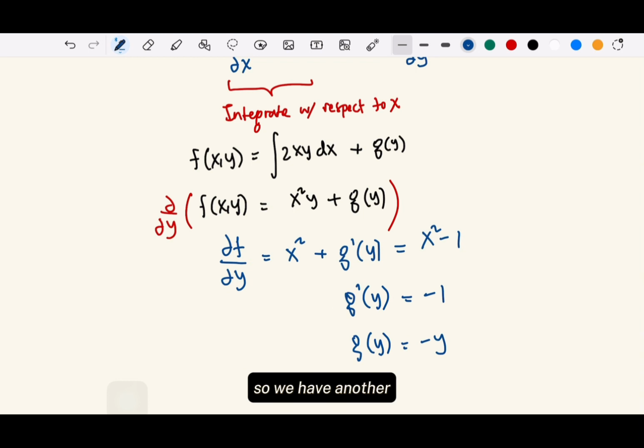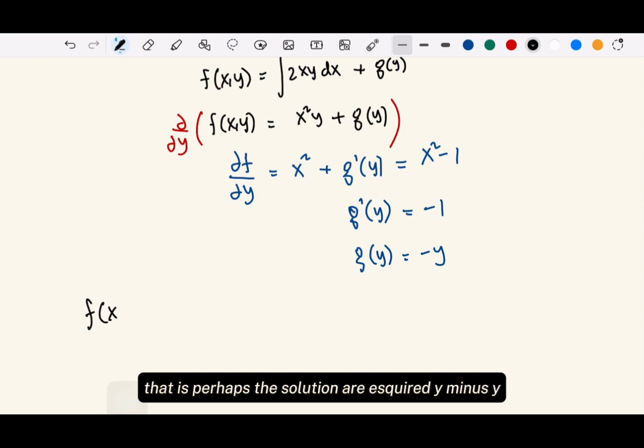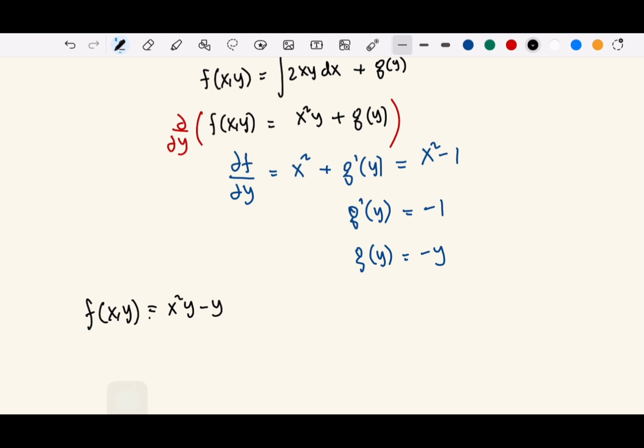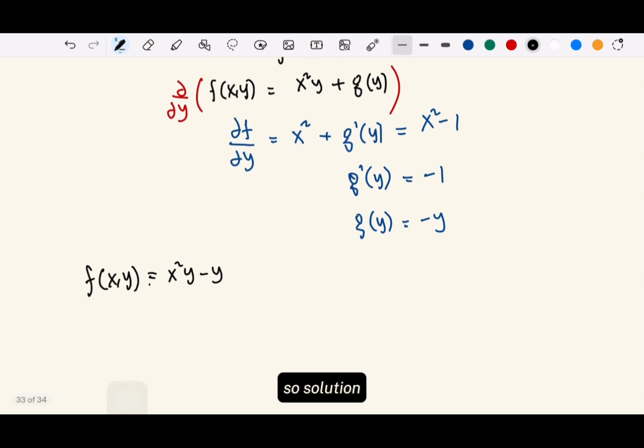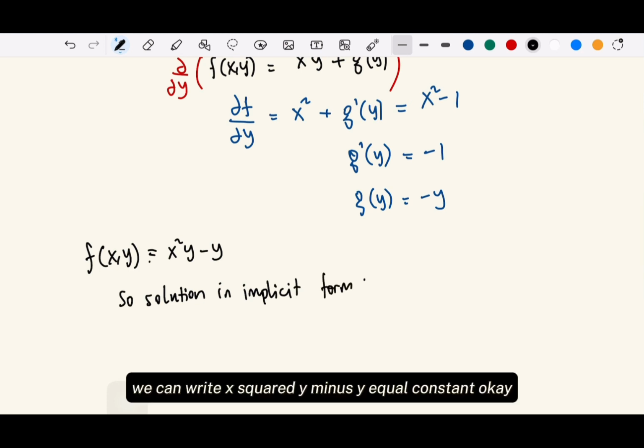So we have another proposal for our solution, that is perhaps the solution is x squared y minus y. So the solution in implicit form, we can write x squared y minus y equals a constant.